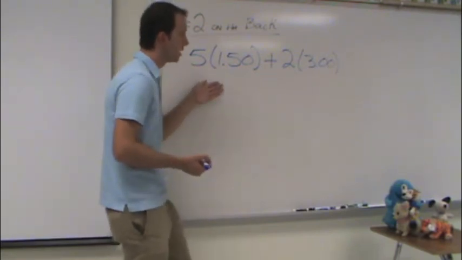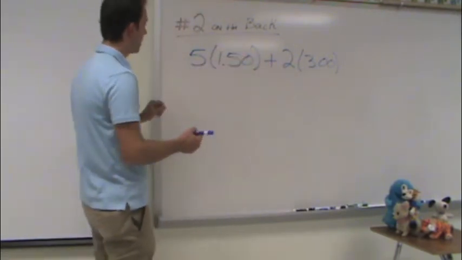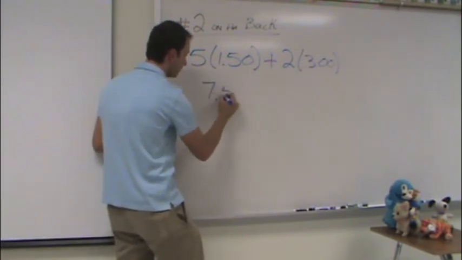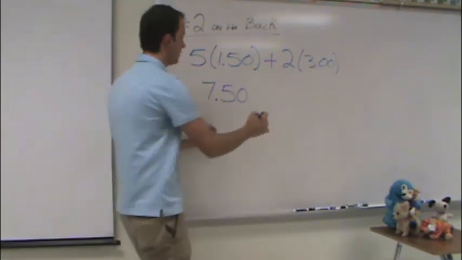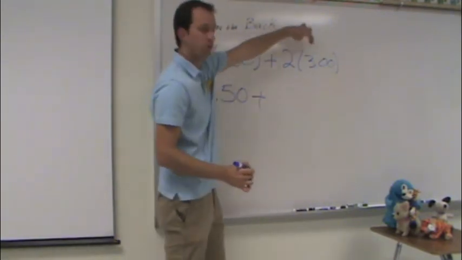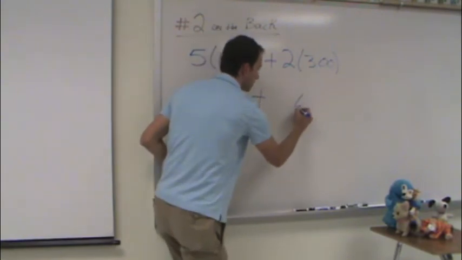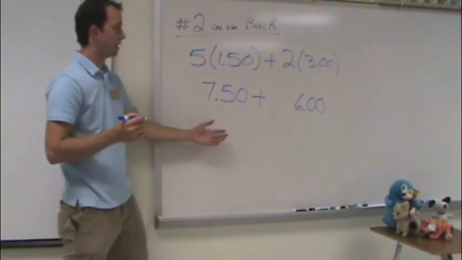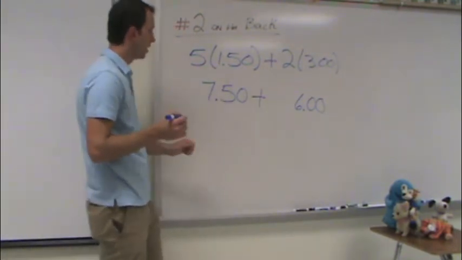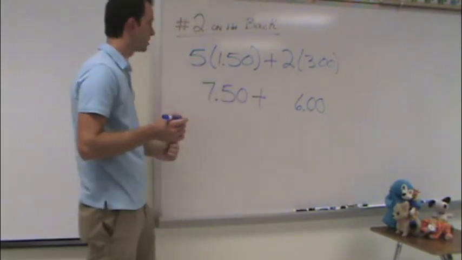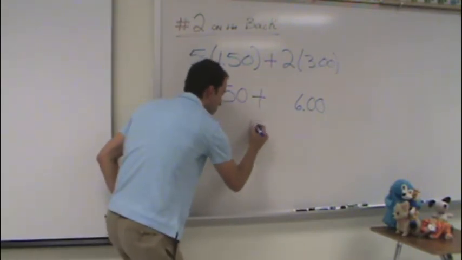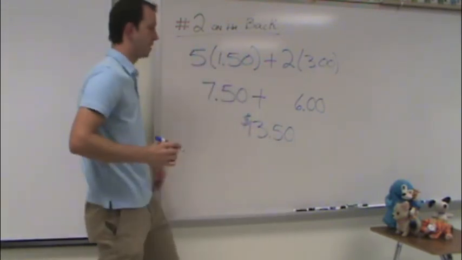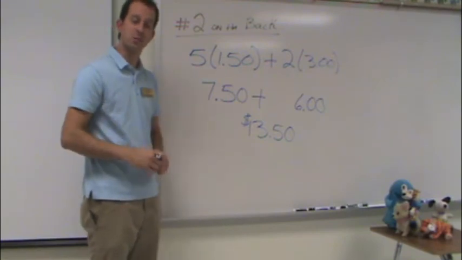We're going to start on the left and go to the right to solve the multiplying and dividing. 5 times $1.50 is $7.50, and 2 times $3 is $6. Now that our multiplication is done from left to right, we can now add up the 2 portions, $7.50 and $6. That makes $13.50. That's how much Juan's going to spend at the book fair.